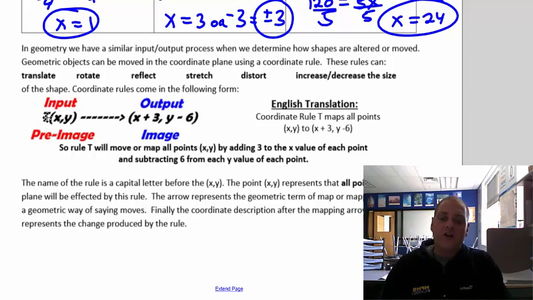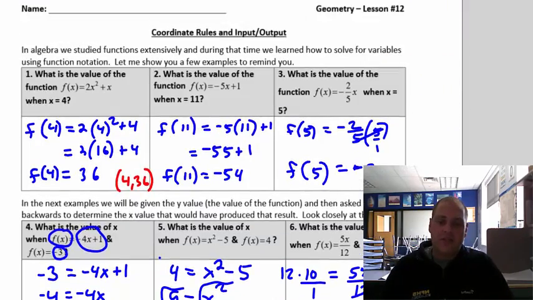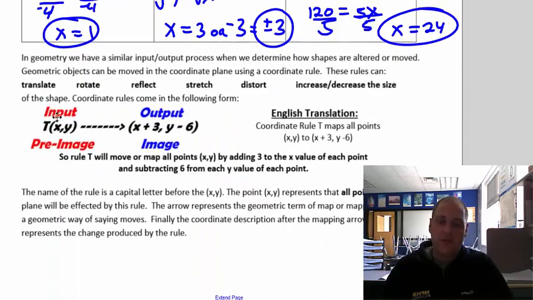There's a rule function T. It's a transformation rule. It turns out to be a translation. We didn't learn that yet, but T just stays transformation right now. So there's a transformation that takes x and y and does this. And here's the rule: x plus 3, y minus 6.